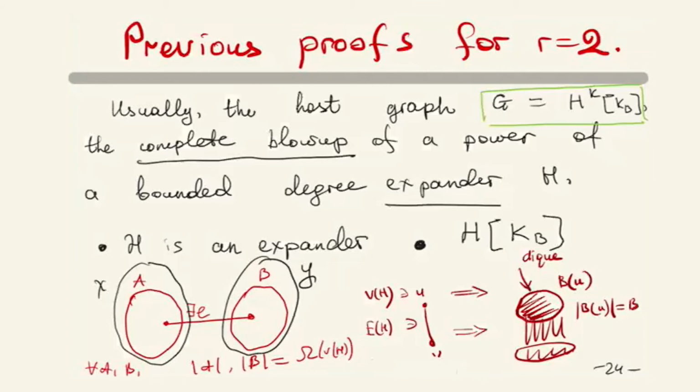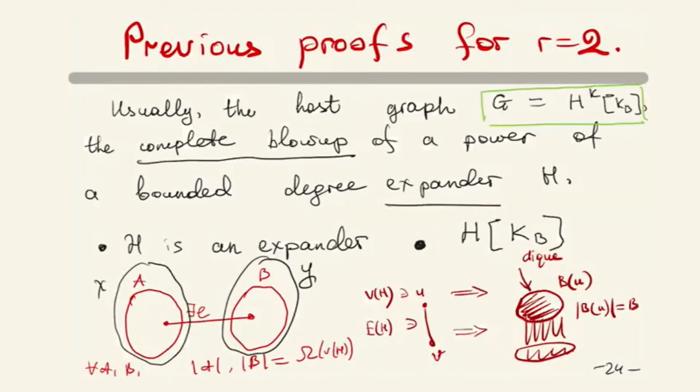Okay, and then I need to also tell you how I define a complete blow up. If I take any two vertices U and V in my graph H, then in the graph which I call the complete blow up of H, I replace every vertex by a clique, a blob, which is a complete graph on B vertices.